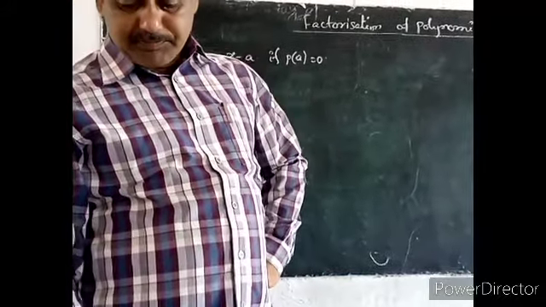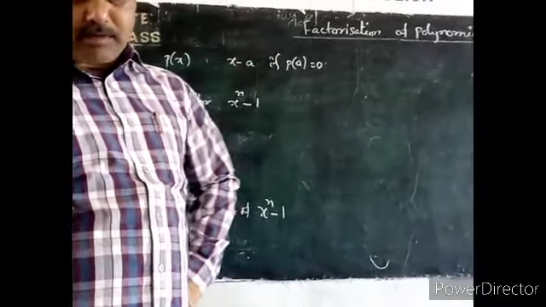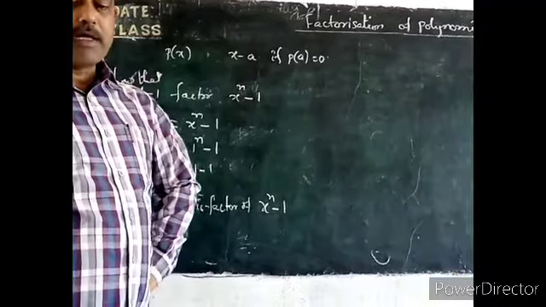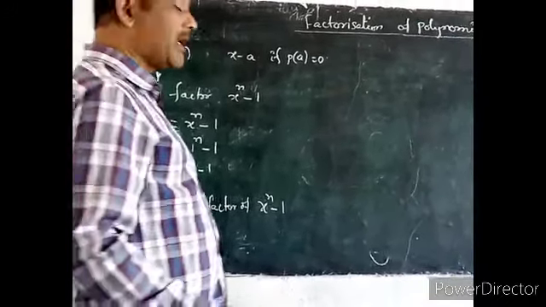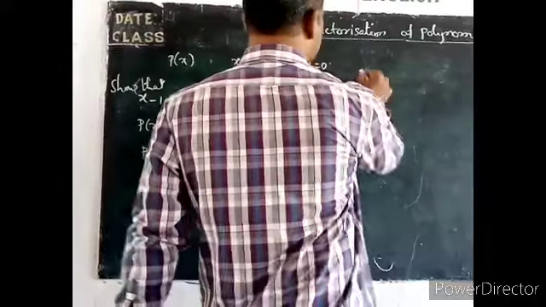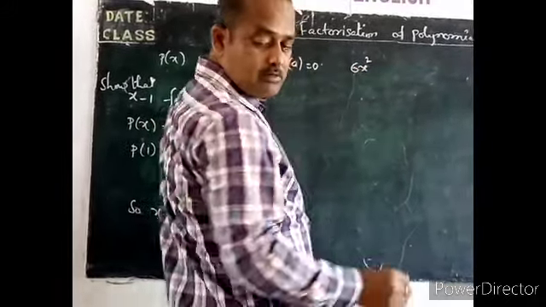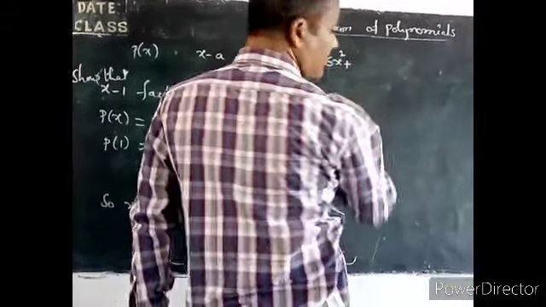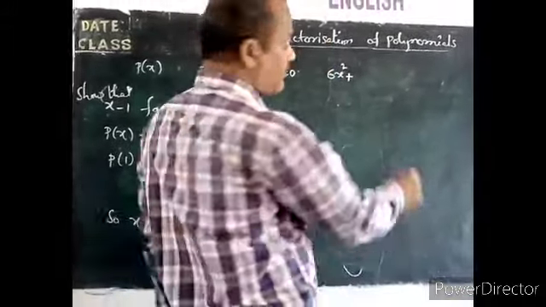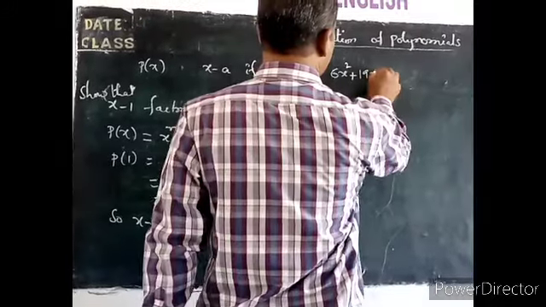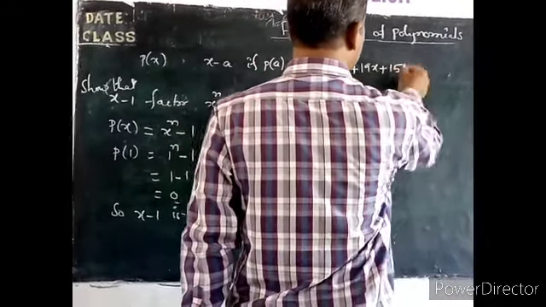Next page. Factorize the following. In the previous class, we learned how to factorize by splitting 3 terms into 4 terms: 6x square plus 19x plus 15.